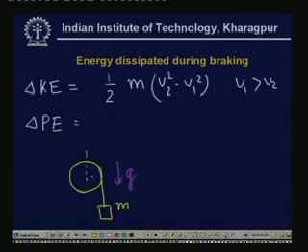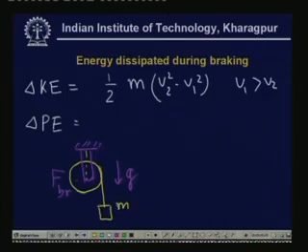Because of gravity, the mass will continuously accelerate. Sometimes we do not want such high accelerations, therefore we apply a braking force over here, F braking, and that will reduce the speed.